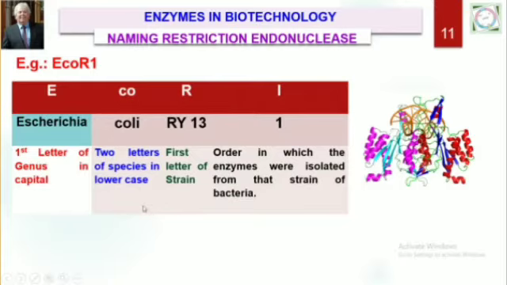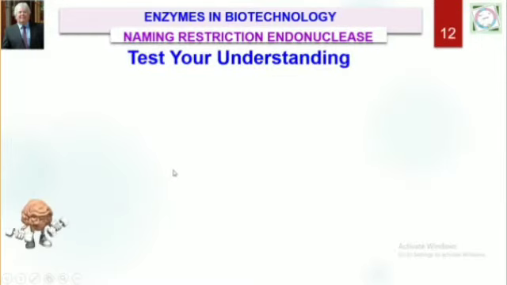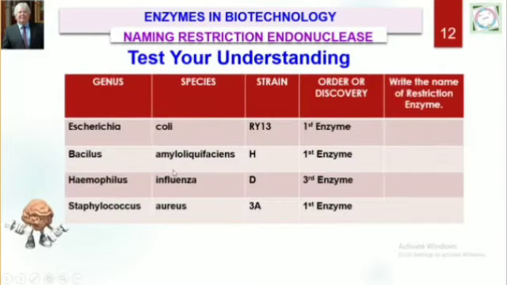Let us take a small test. The genus is given, species is given, the strain is mentioned, the order of discovery is mentioned. Now you need to take pen and paper and write down the name of the restriction enzyme in order to find out whether you have understood the concept or not. I'll read it out for you.